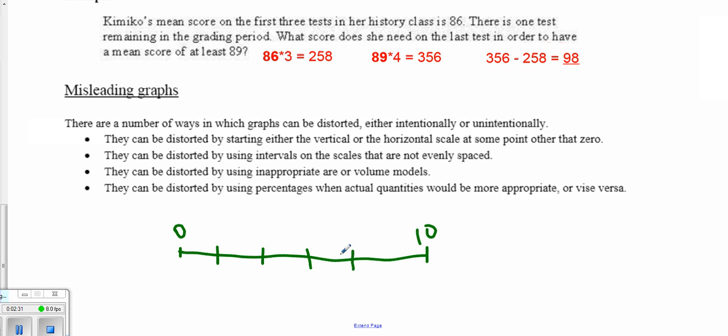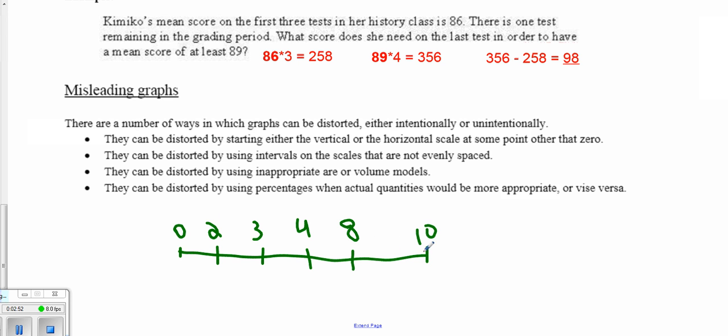With all of these tick marks, we think it would go 0, 2, 4, 6, 8, and then 10. Well, maybe this one goes 0 to 2 to 3 to 4 to 8, and then all the other numbers are somewhere in between.